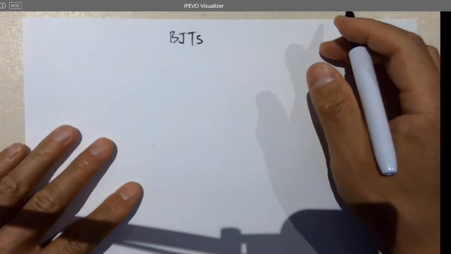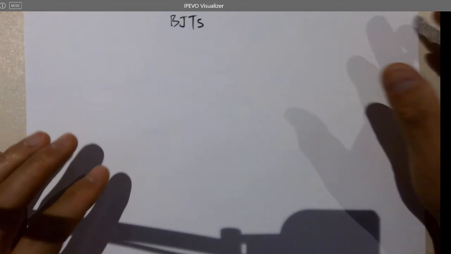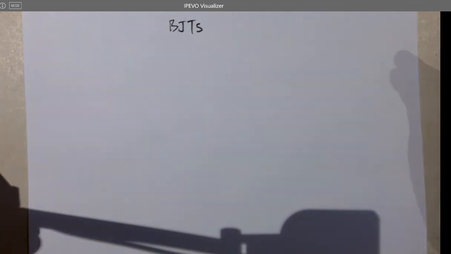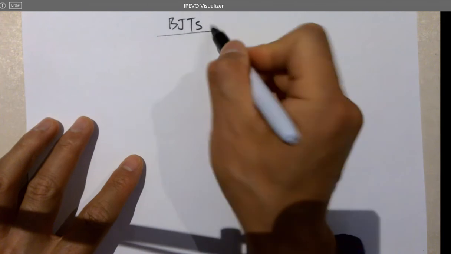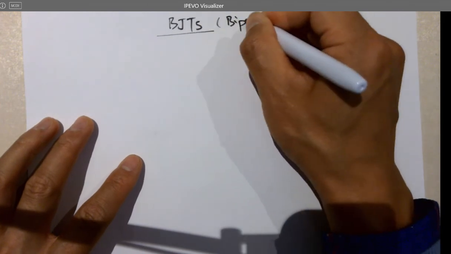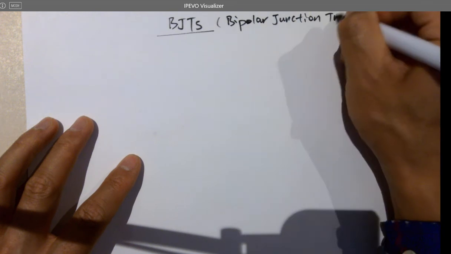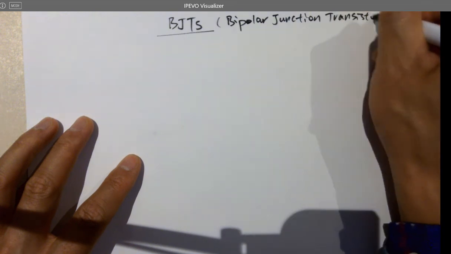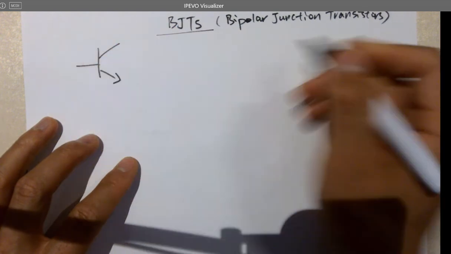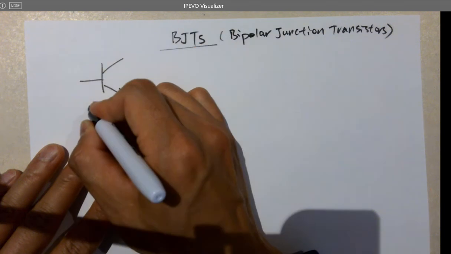So in the past, before MOSFETs were invented, transistors meant BJTs actually. Bipolar junction. So the symbol is like this. It's called NPN.